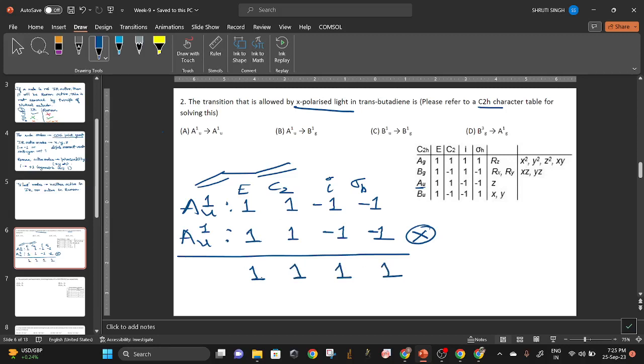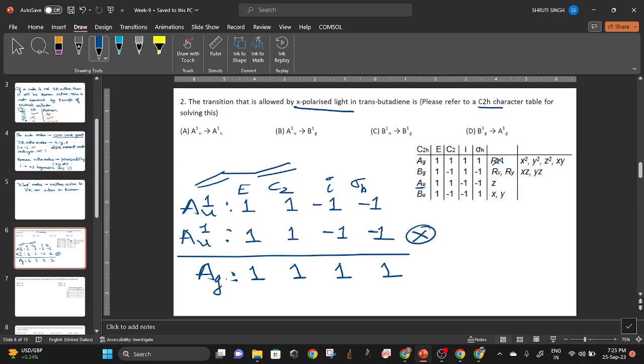So these characters, according to the character table, belong to which mode? Ag. So this becomes Ag. And we can now check whether Ag contains the X basis or not. It doesn't contain the X term here. X is only present in Bu.